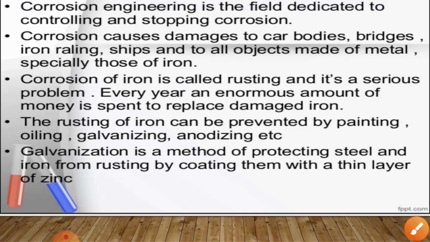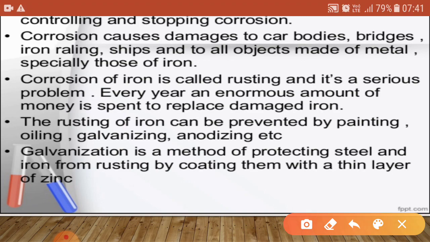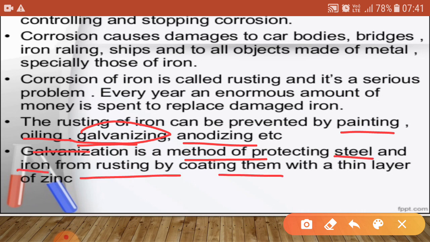Now, corrosion can be controlled by painting, galvanizing, oiling, or anodizing. Out of these, galvanization is the method of protecting steel or iron from rusting by coating them with a thin layer of zinc.